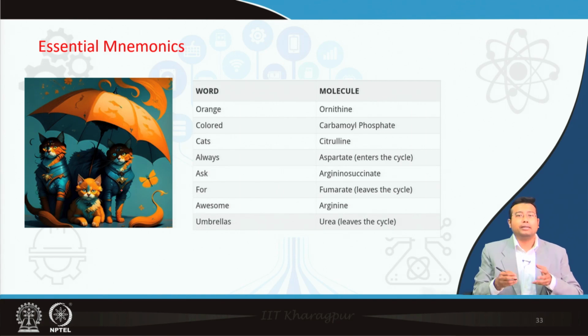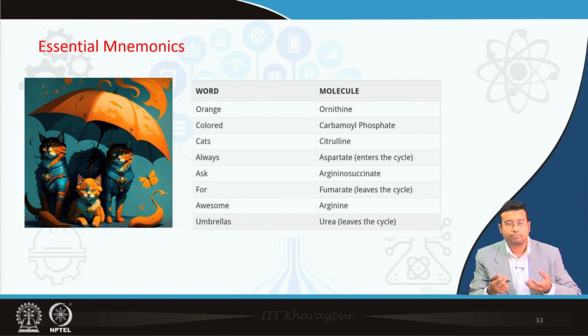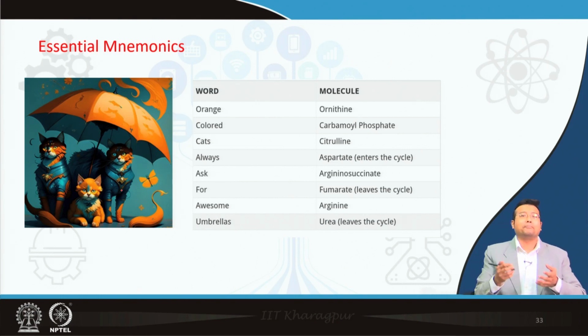Now, you must be overwhelmed with so many enzymes and important molecules appearing in sequential order in the urea cycle, and students preparing for postgraduate and competitive exams may find it difficult to remember the sequence of these names for MCQ purposes. So we have formulas, especially used by medical students, known as mnemonics.